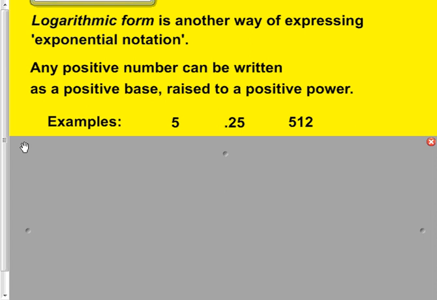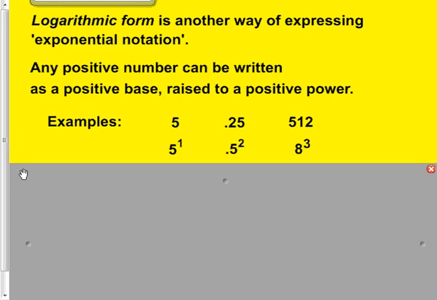So for example, 5 can be written as some number raised to a power. Even a decimal like 0.25 can be written as some number raised to a power. 512, same idea. Now those powers can vary greatly. 5 is a prime number, so it's not really anything raised to a special power, like being squared or cubed.